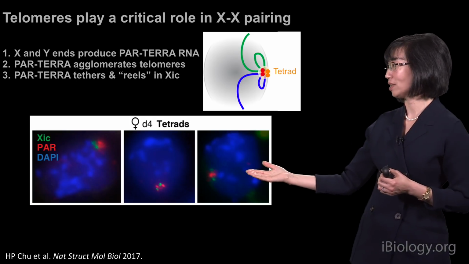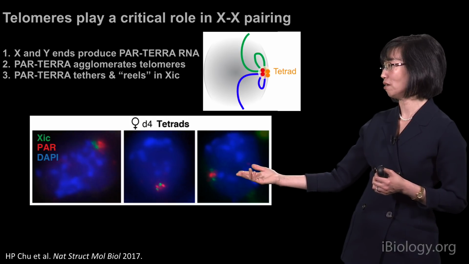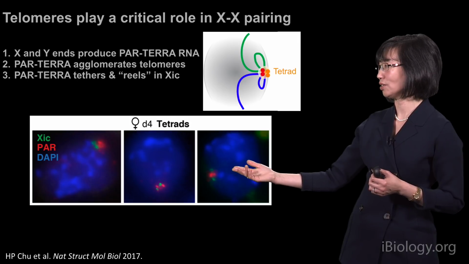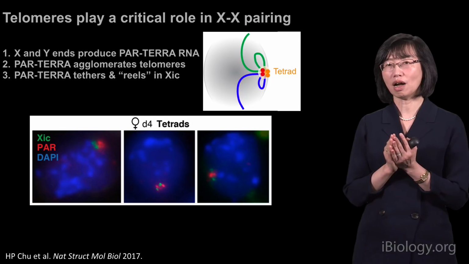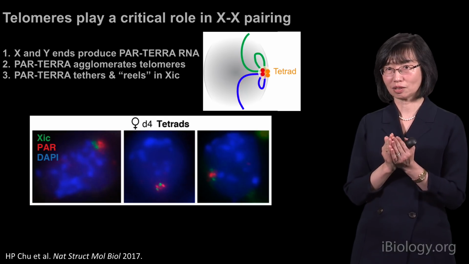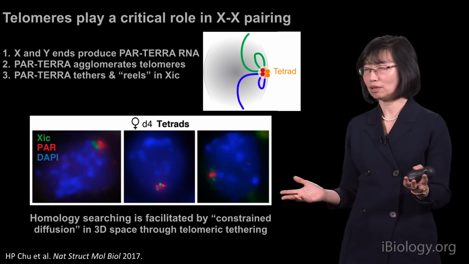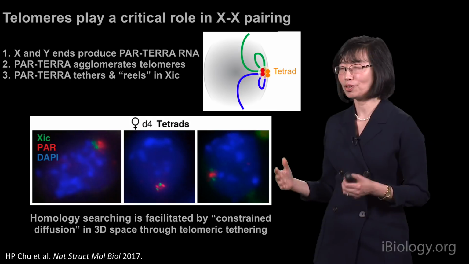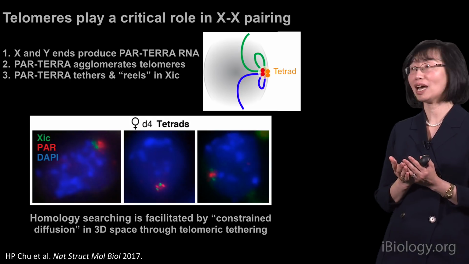You can see real-life examples here by DNA FISH, where a pair of the telomeres, shown in red, and a pair of inactivation centers, shown in green, have agglomerated at the nuclear envelope to enable XX pairing. So why would they even bother to do this? Well, because the nucleus is a vast space, and it would take a lot of time for the two inactivation centers to come together.